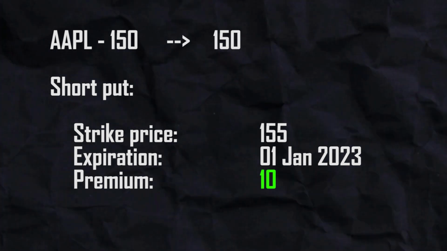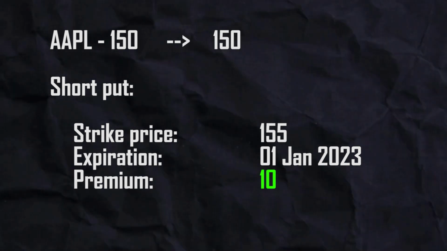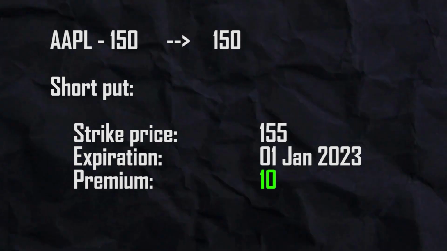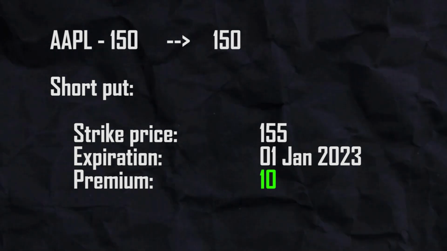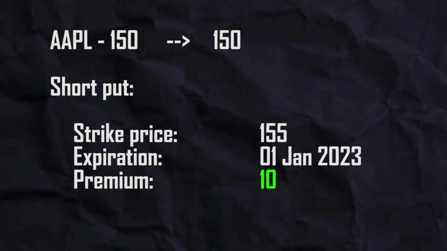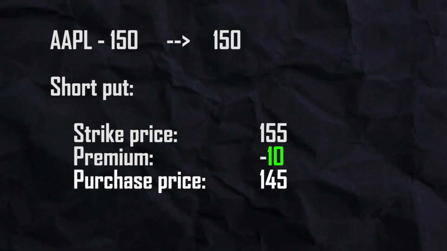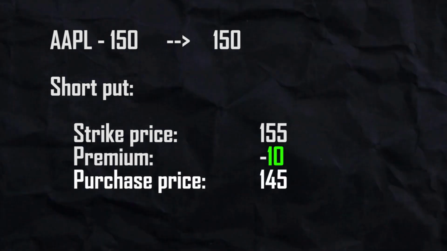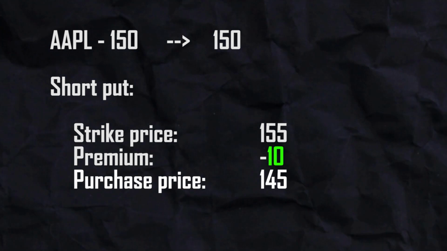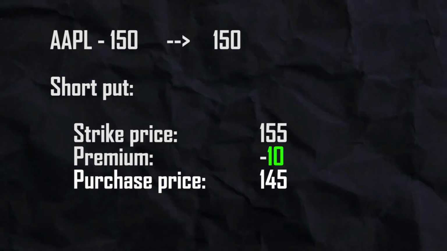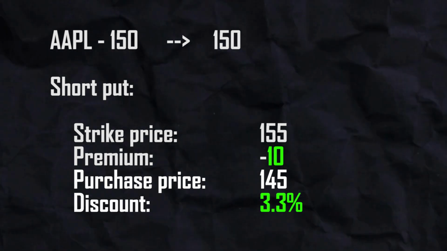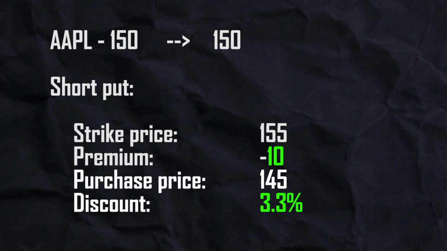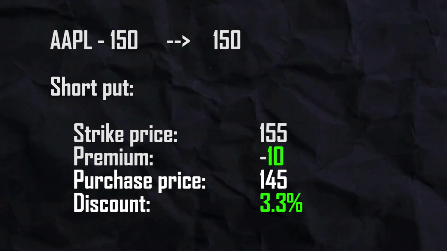So if Apple continues to trade at $150 at expiration date, we are assigned 100 Apple shares at $155 per Apple share. Because we received the premium of $10 per Apple share, our net buying price will be at $140 per Apple share. So we're able to acquire those shares at a roughly 3% discount to the current stock price of $150.